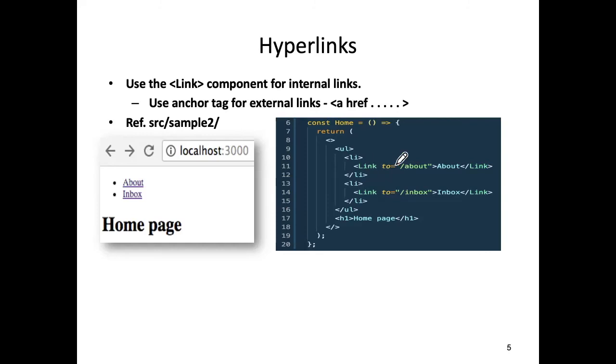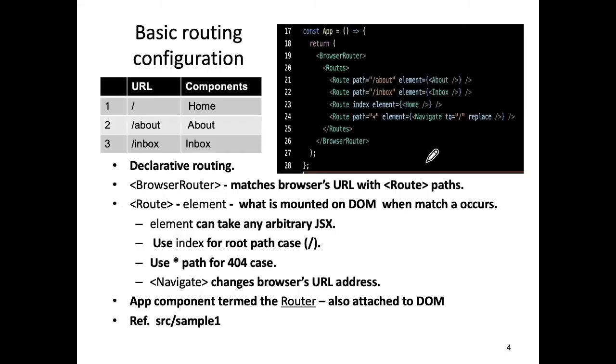So the effect of the link tag, to explain it in React terminology, is when the user clicks on the hyperlink, the browser's URL address changes to that. And once the browser's URL address changes, then the browser router makes a decision as to what it should do based on this routing configuration.